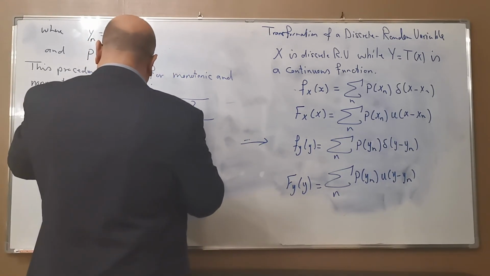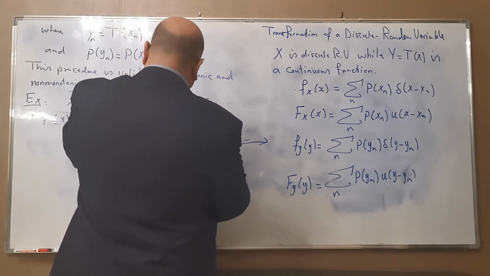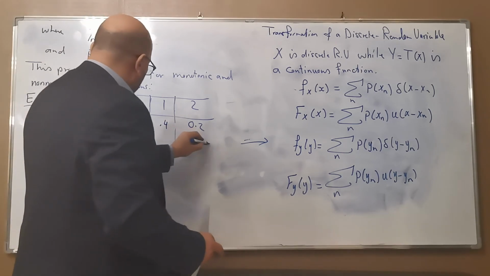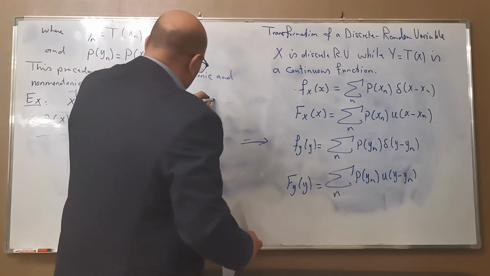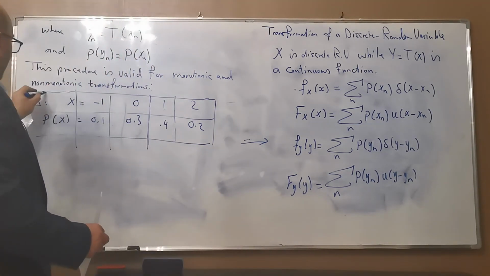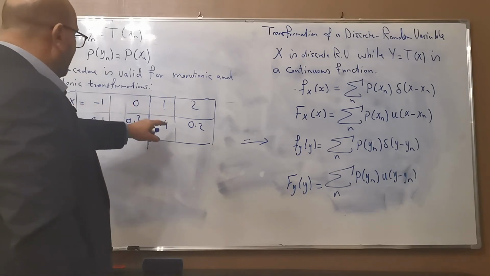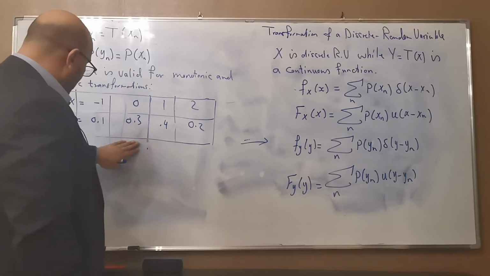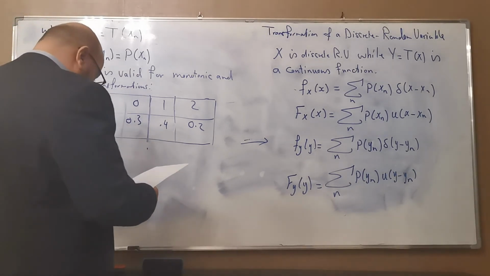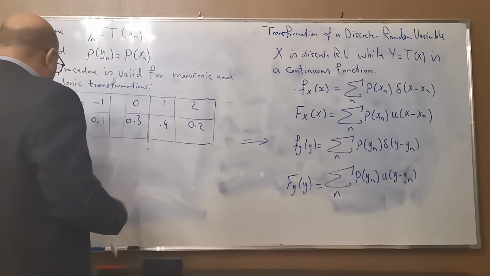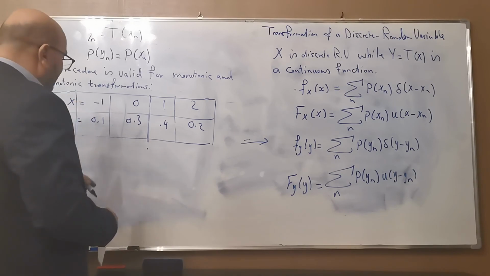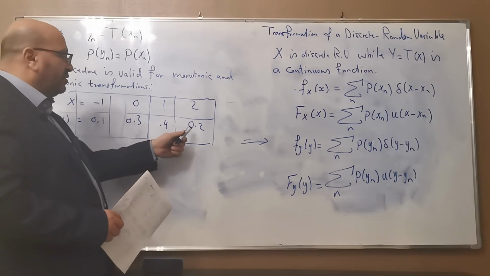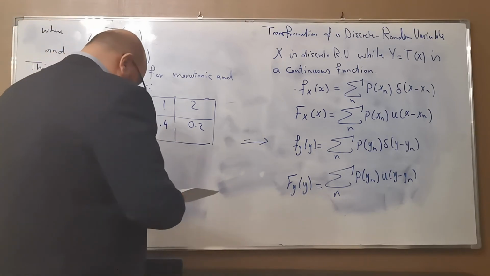Let's put them in a table, I think it will be much better to see them in a table. So we have x, we have 4 values. Their probabilities are given here in this function P of x, for each x you have its probability: 0.1 plus 0.3, 0.4, 0.8, and 0.2, it's 1.